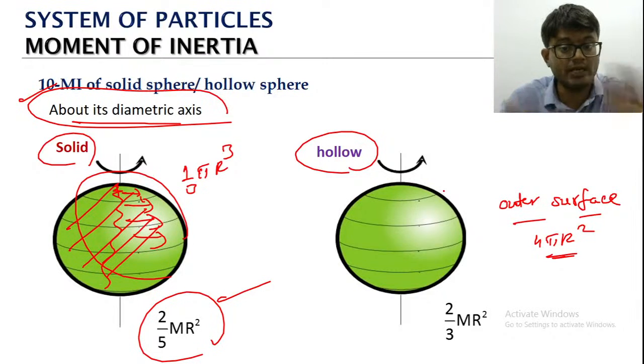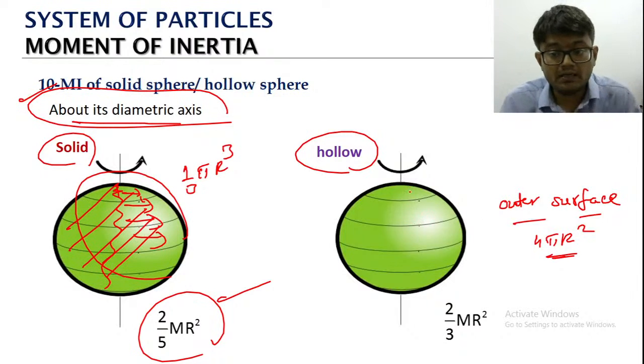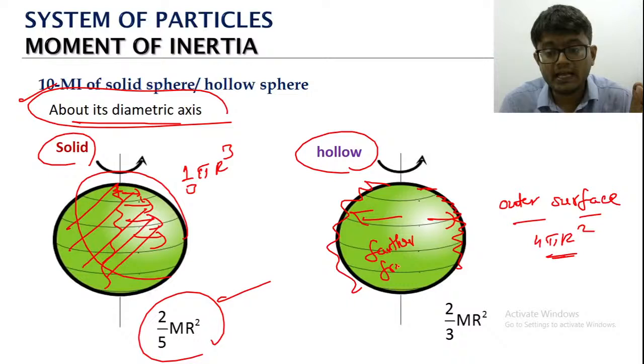Don't think that we are not giving different diagrams for that. We use the same diagram because we cannot show what is inside, right? For a hollow one, mass is only on the outer surface, which means mass is distributed farther from the axis. That's why we will remember it.